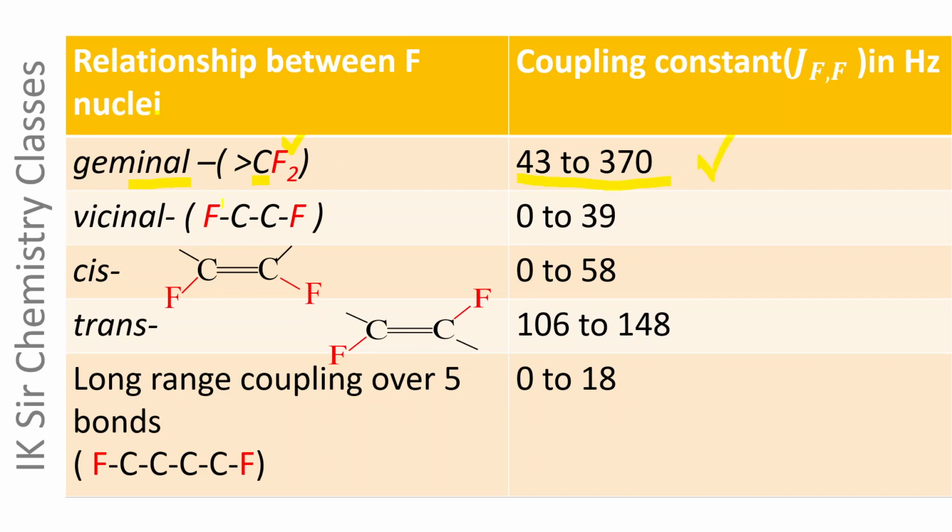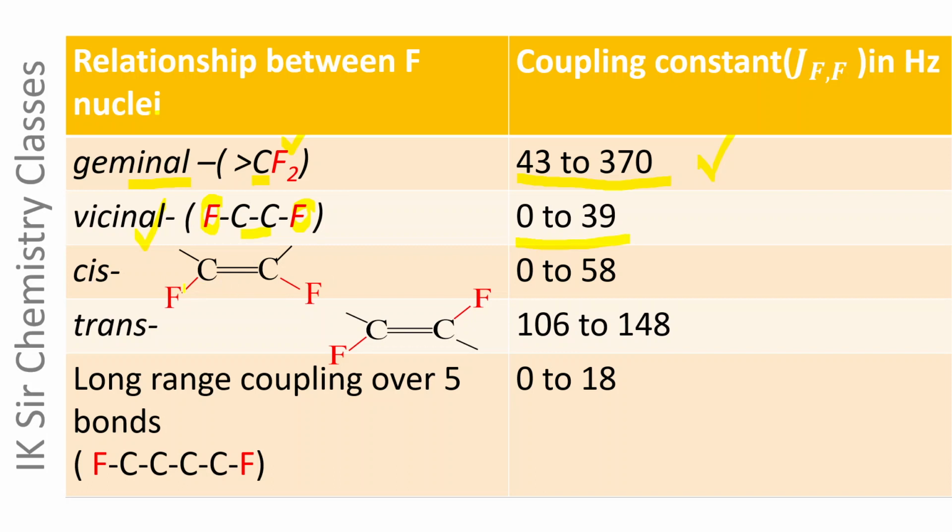And if the distance between two fluorine atoms is increased and these are present on adjacent carbon atoms, it is called vicinal coupling, and its value is lower, 0 to 39 Hertz.